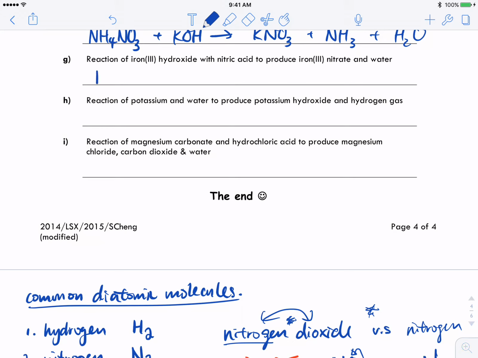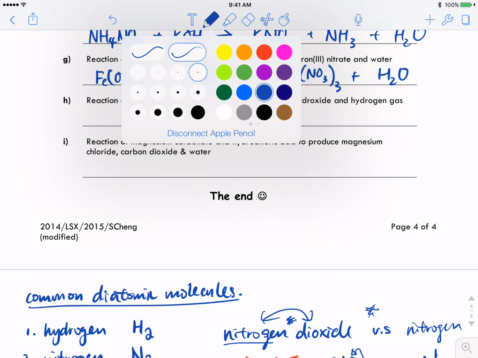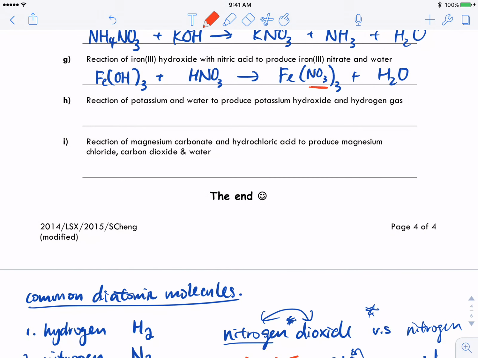Iron 3 hydroxide, Fe(OH)3, plus nitric acid HNO3 to give us Fe(NO3)3 plus water. Now let's look at this. Nitrates over here, I have 3 nitrates, so let's try multiplying it by 3 first.